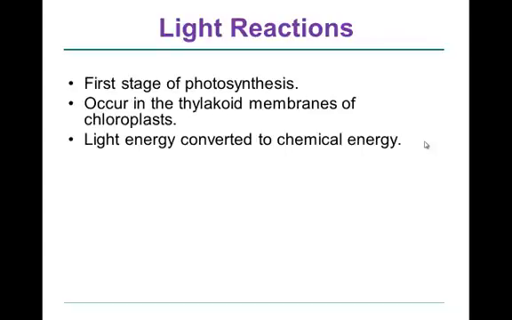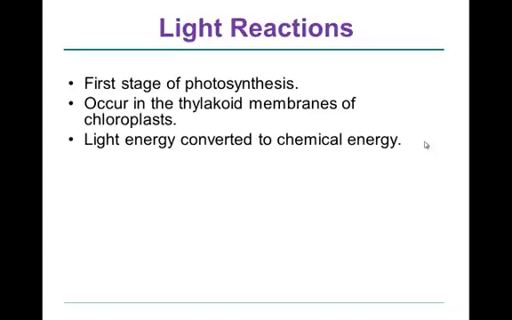And this one central chlorophyll feeds the energy into a series of proteins that are very much like the proteins in the electron transport chain that we saw in cellular respiration.